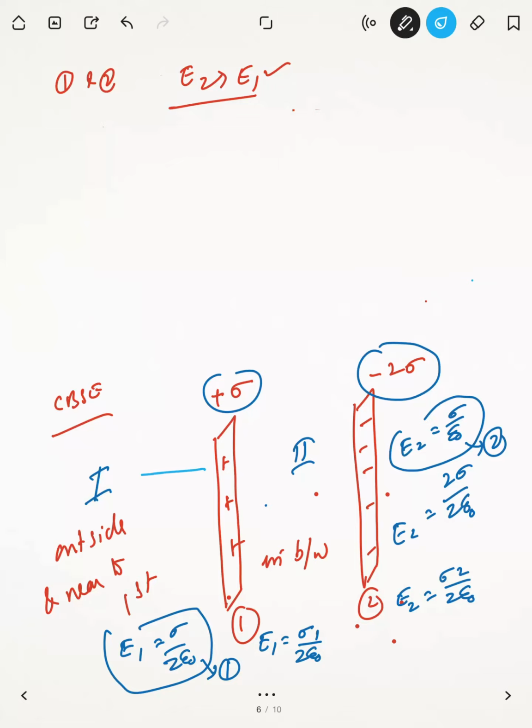This is the direction of the electric field in the first region, the E1 vector, and to the right it is like this. Region 1 is to the left of sheet number 1, so the electric field is toward the left, and in between, in the second region, the electric field is toward the right.